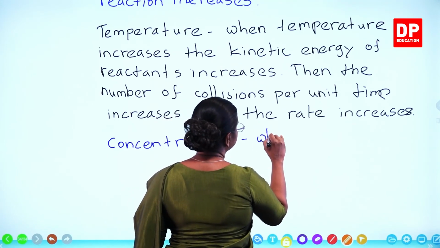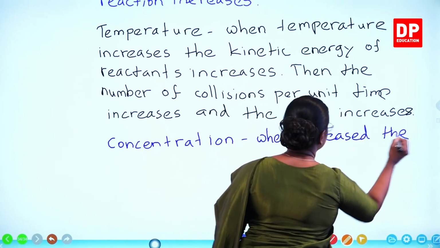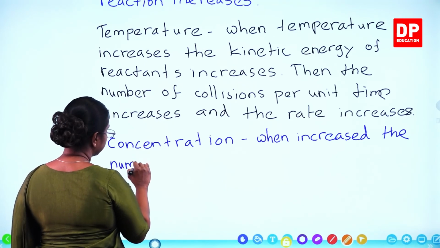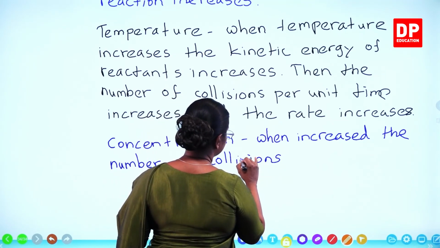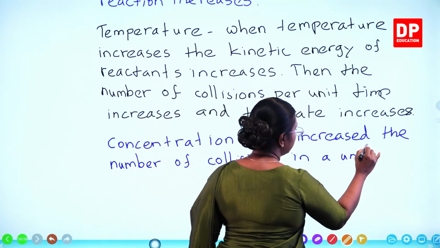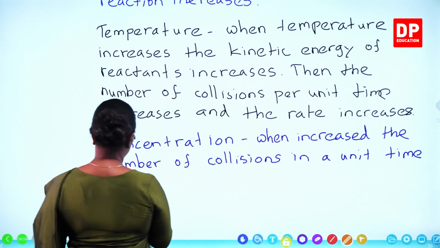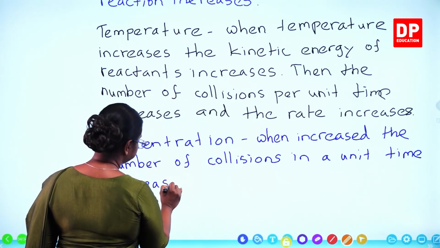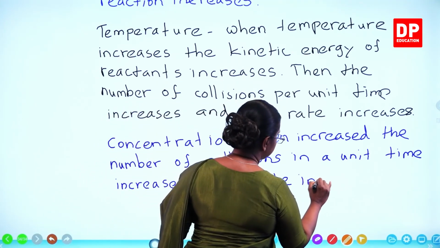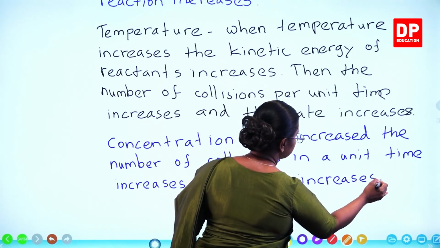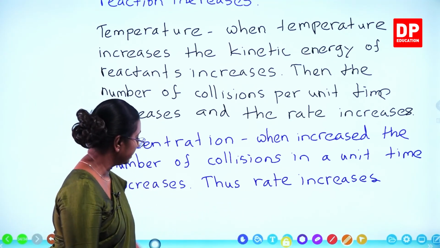Concentration when increased, the number of collisions in a unit time increases, thus rate increases. Catalyst, of course, increases the rate of reaction. There, of course, we don't explain it using this.